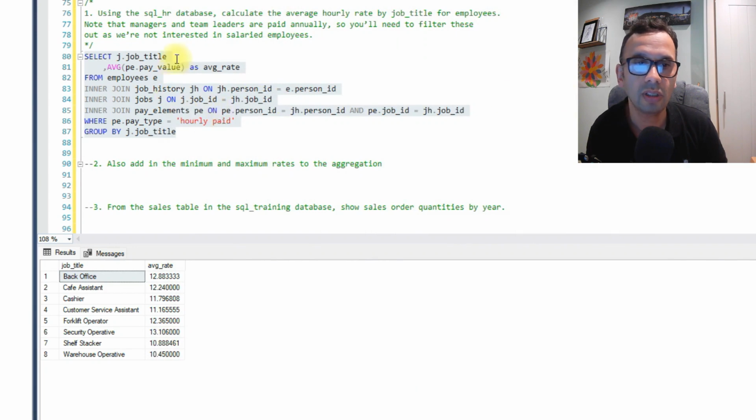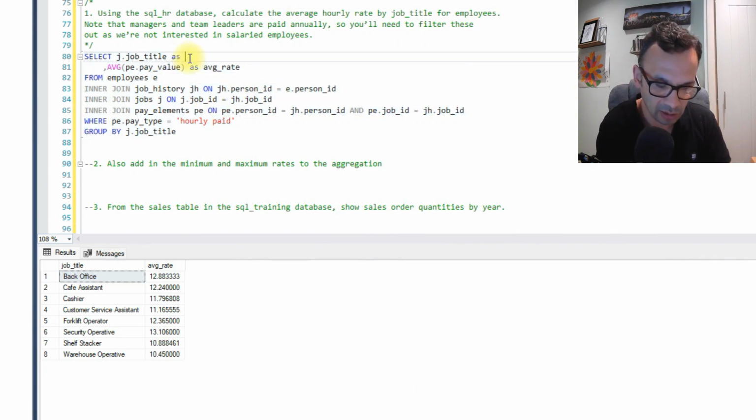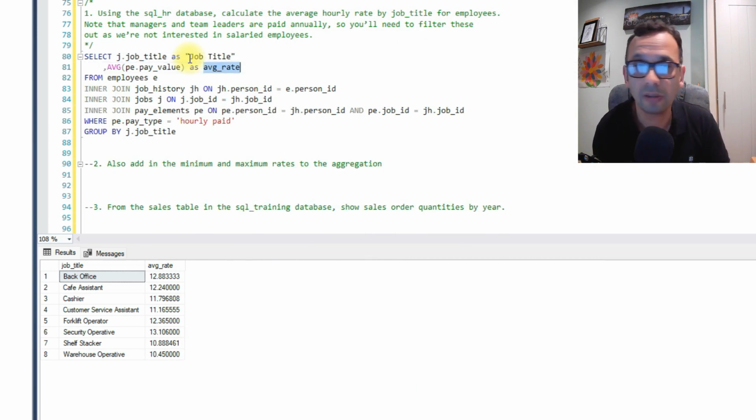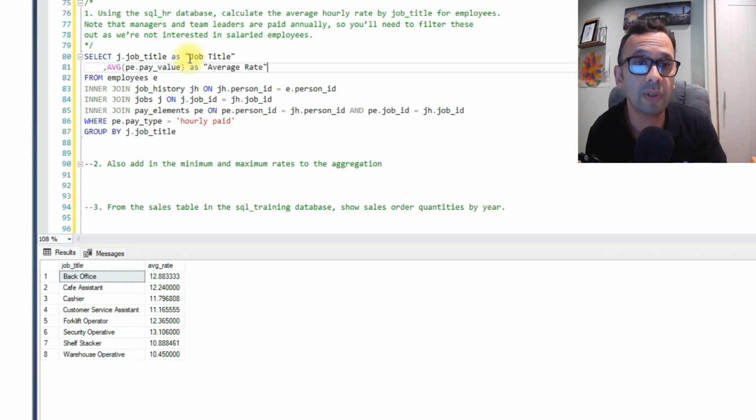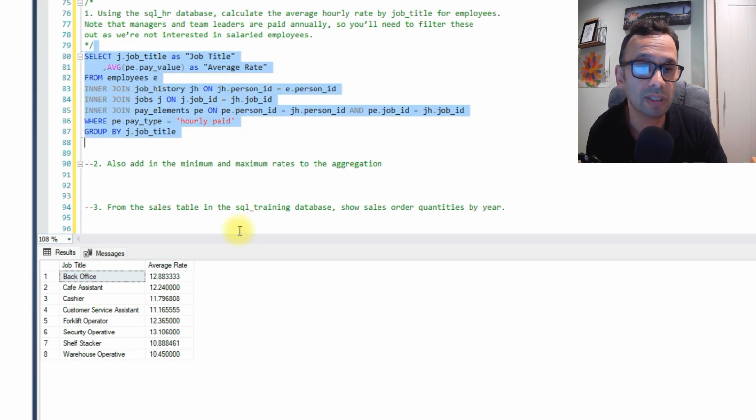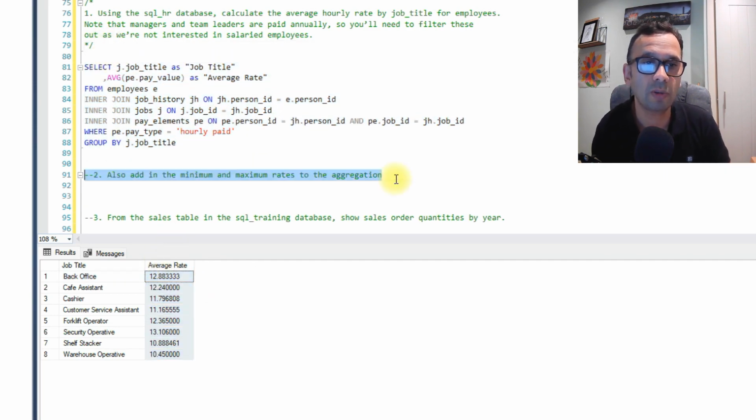Just copied those. So what you can do is this. Job title, put it in double quotes, and that way when you run it, it comes out with nicely headed column headers. So number 2, I will put it in here.